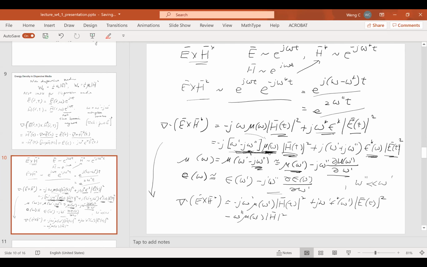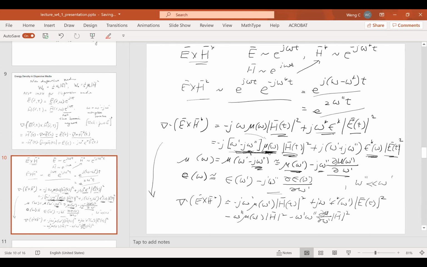There's one coming from here, but mu also has an omega double prime. So there is another term that involves omega double prime. Okay, partial mu, partial omega prime, H squared.